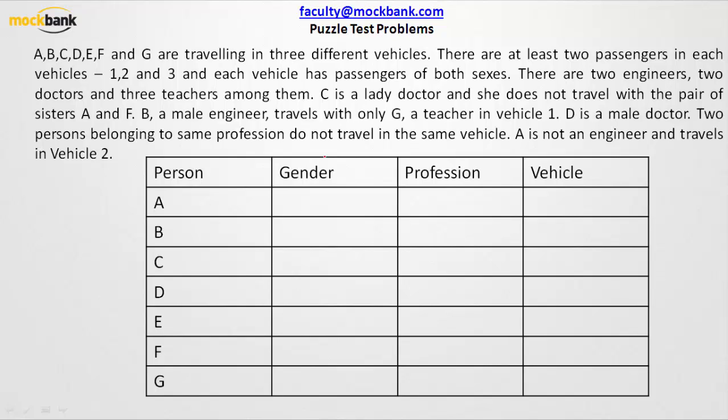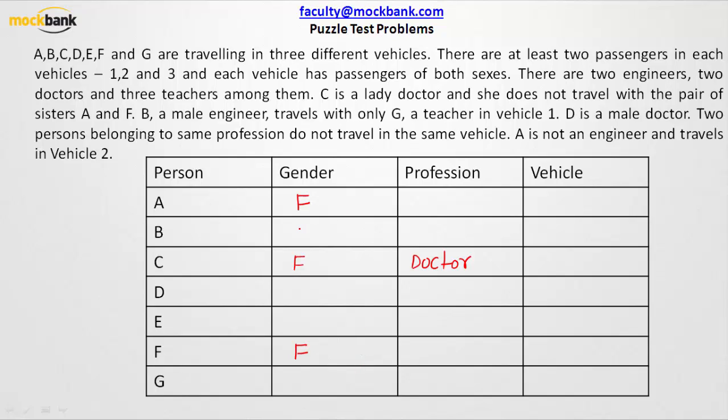Now it says that C is a lady doctor, a female doctor, and she does not travel with the pair of sisters A and F. A and F both are female.